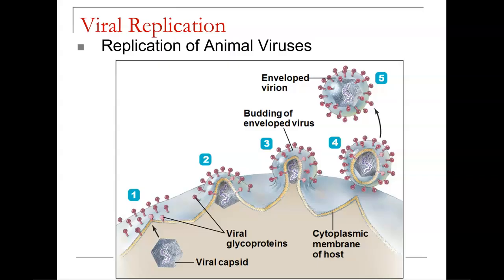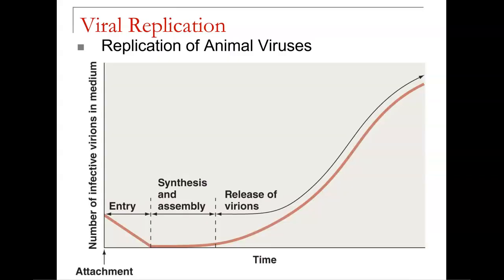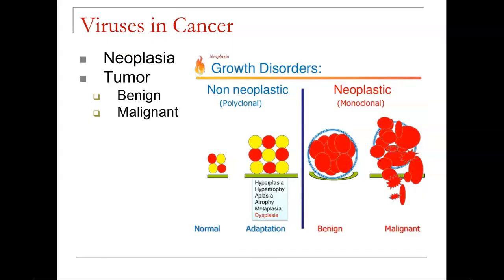And so it has that envelope, and it's going to have those viral glycoproteins that are going to be attached to it as it's released. So replication in animal viruses, in time we're going to have the entry. It's going to be assembled and synthesized, and then as it goes into its release, so it does take a little bit of time for this to occur.